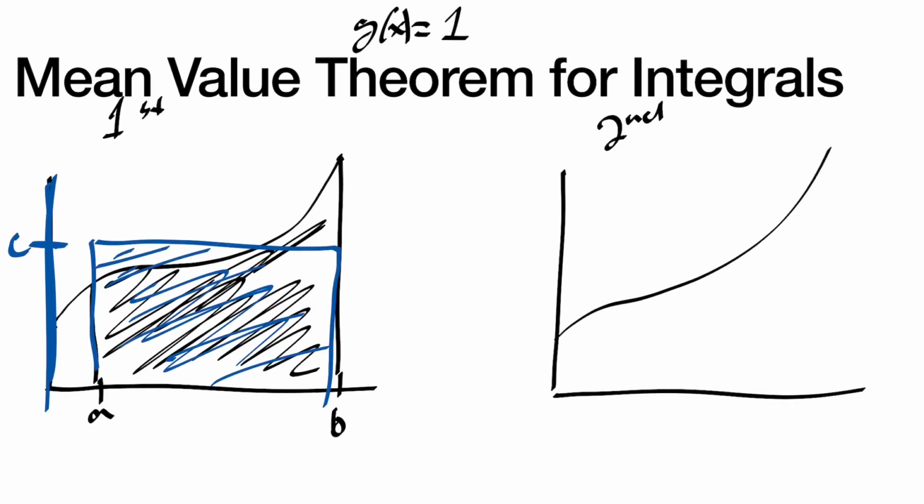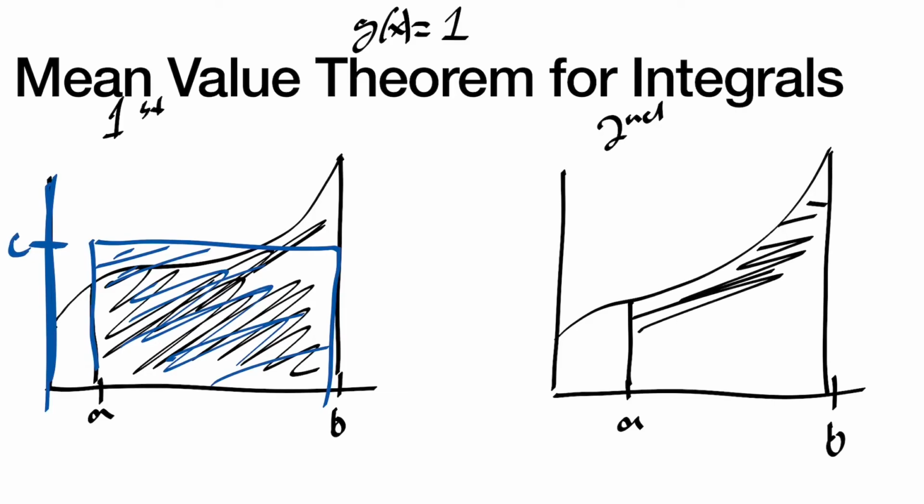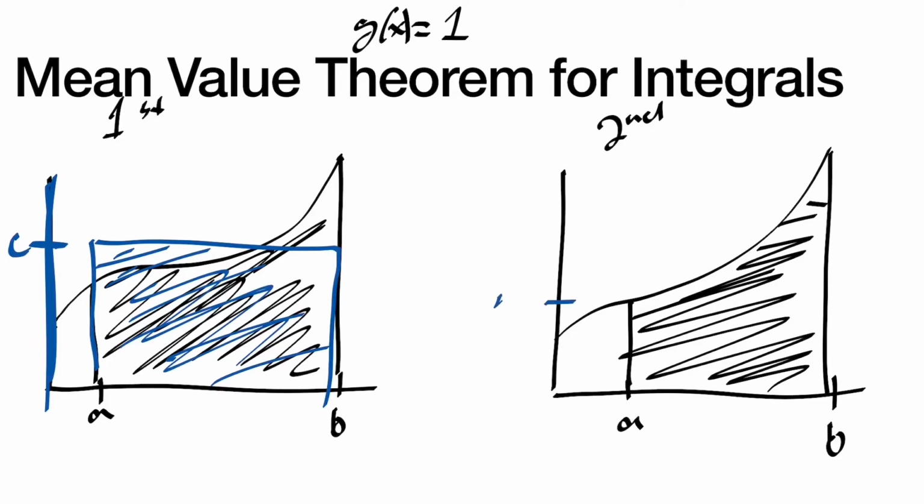Well, our second mean value theorem, we're thinking about the problem a little bit differently. So the second mean value theorem, I'll try to draw, there we go. That's not quite the same function, but we can deal with it. We have a and b. And our second mean value theorem, well, what I'm doing is I'm taking, again, the same area, but this time I'm actually going to compare my minimum value, which is right here, with my maximum value, which is right here. And I'm not going to make a rectangle, I'm going to actually make two.